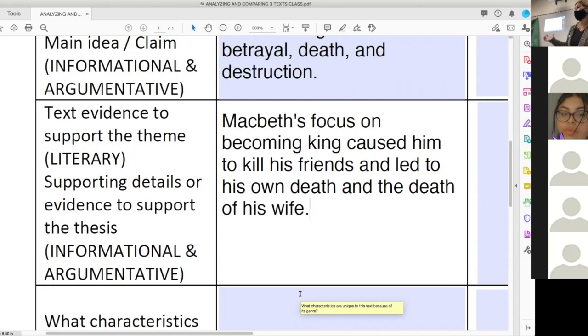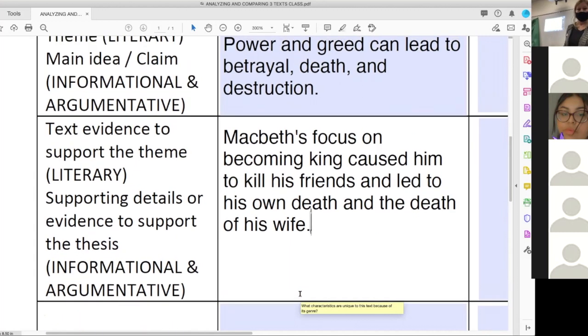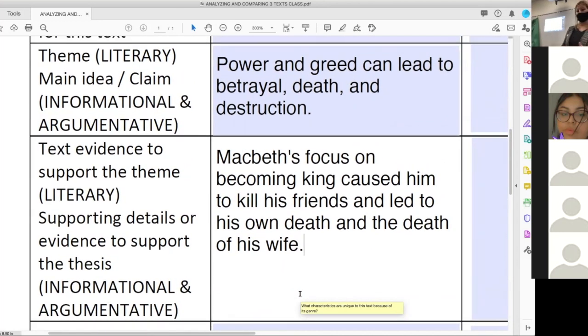That's our evidence to support how power and greed can lead to betrayal, death, and destruction, right?